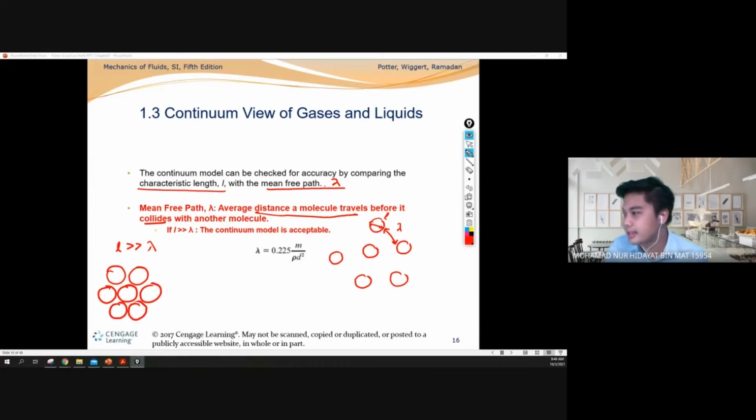Where is the L? This is the L. Where is the lambda? This is lambda. Is it clear? The L is far bigger than lambda. You can see the particles are packed together, close to each other.